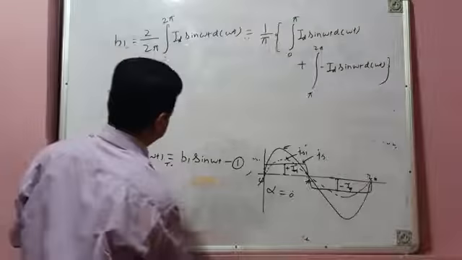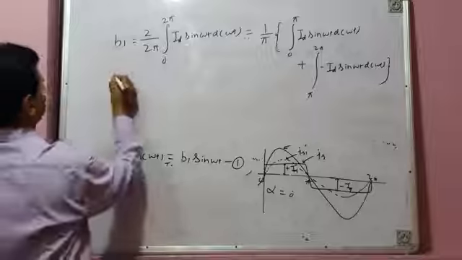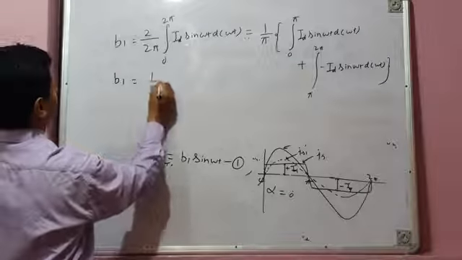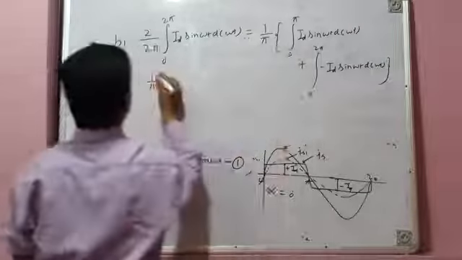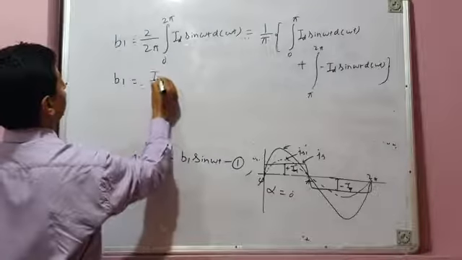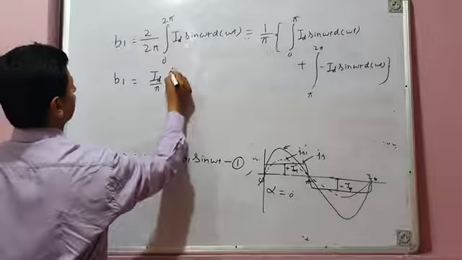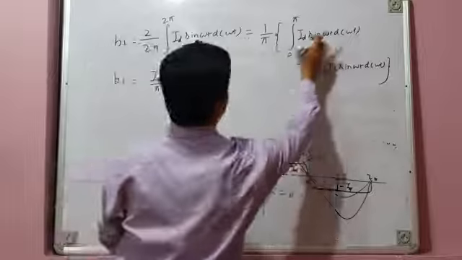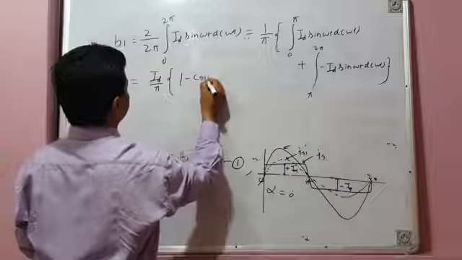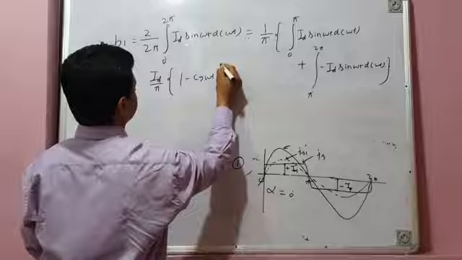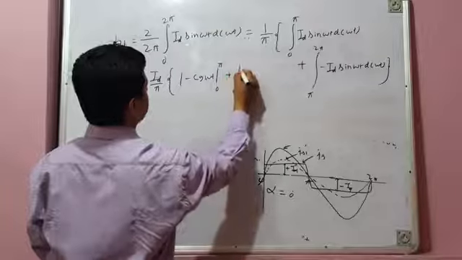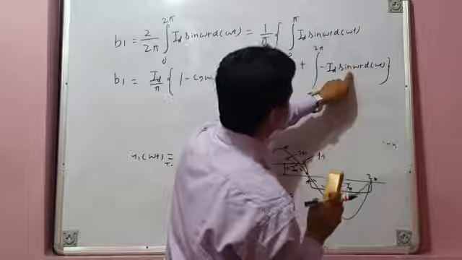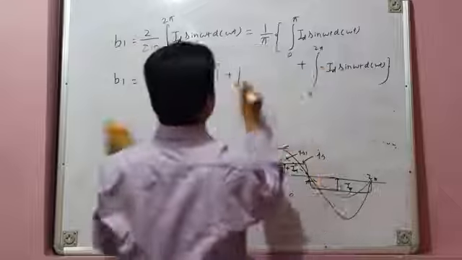So therefore, B1 is equal to 1 by pi. I can take this Id out, so it will be Id by pi times the first integration. What is the integration of sine? It is minus cos omega t, and the integration is from 0 to pi, plus. What is the integration of sine? It is minus cos. There is already a minus, minus and minus will become plus.